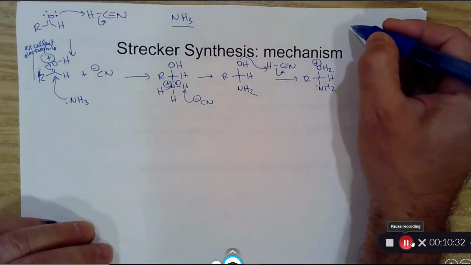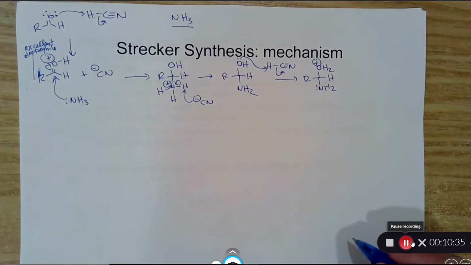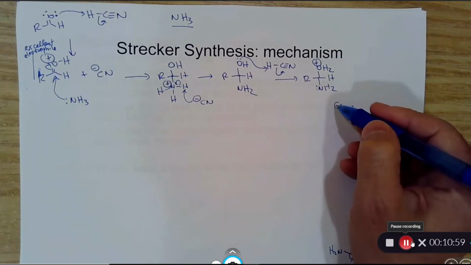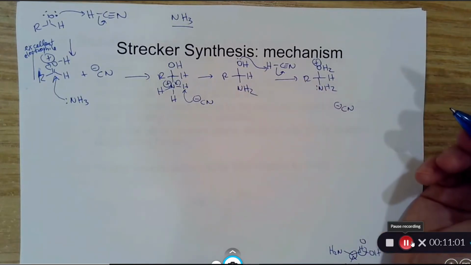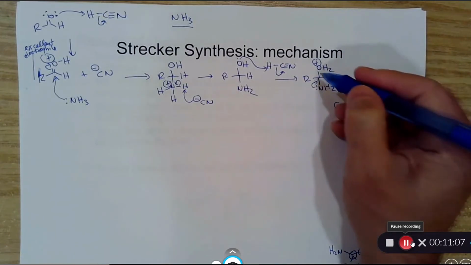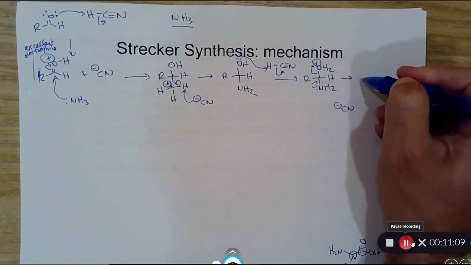Because at the end of the day, and maybe I'll draw it over here in this corner, we are generating amino acids, and amino acids have a carbon here, but we need to add another carbon over here. So the carbon that needs to be added is going to come from the cyanide anion. However, if we have our cyanide anion here, there's no good way for it to come and attack this molecule. So what we're going to do is take advantage of the nitrogen lone pairs, and that's going to help push out the water.